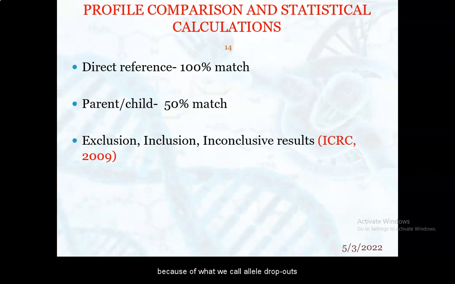You can drop some of your alleles. Or if you're not lucky, in some situations, your sample is contaminated and becomes a serious form of mixed sample, then calculations become difficult. So there are a whole lot of scenarios that can lead to inconclusive results.